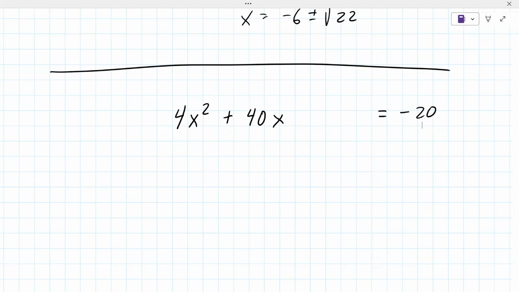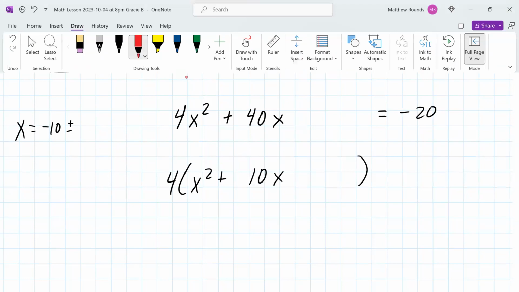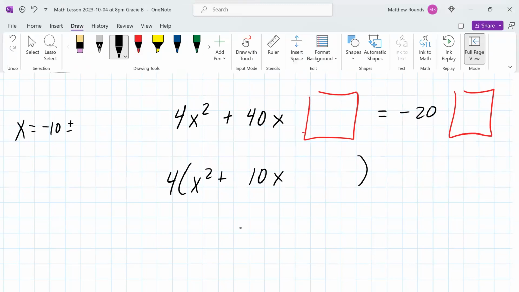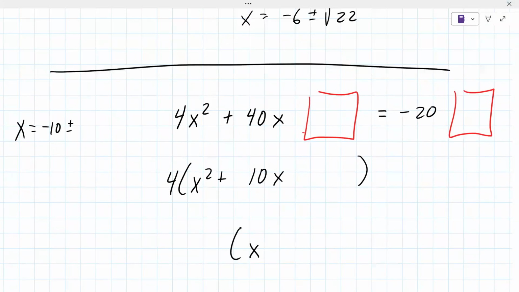Okay, I got x equals -10 plus or minus the square root of 105. Okay, so I think we have an issue here. Did you factor a 4 out of both of these to get 10x? Yes. Okay, so the next step is to take half of the middle number here. What's half of 10?